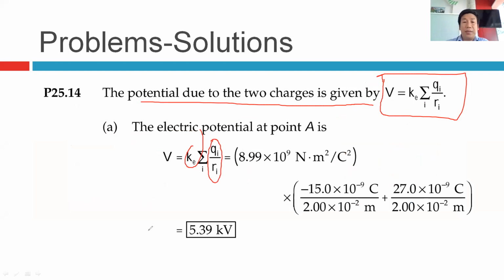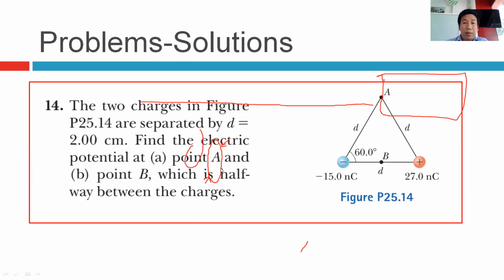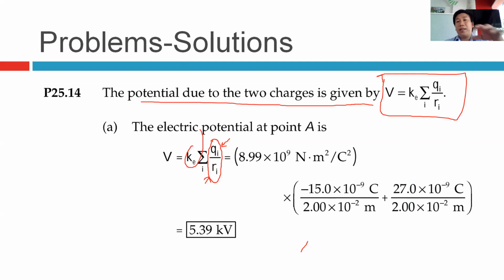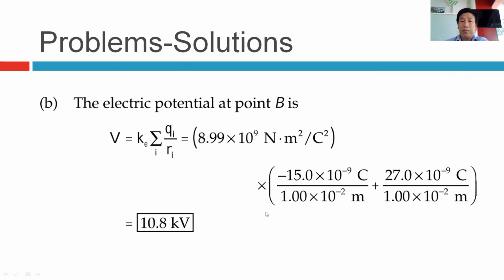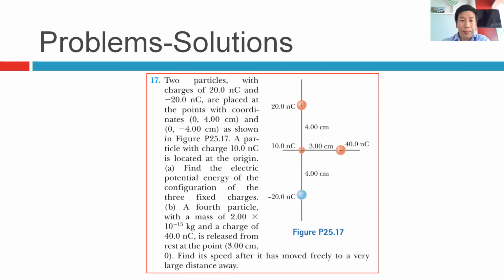Just substitute the values of Q and R for each separate charge, and you will have the result. It's the same for answers A and B. Okay, so this is a very easy question. Any question? No. Thank you.